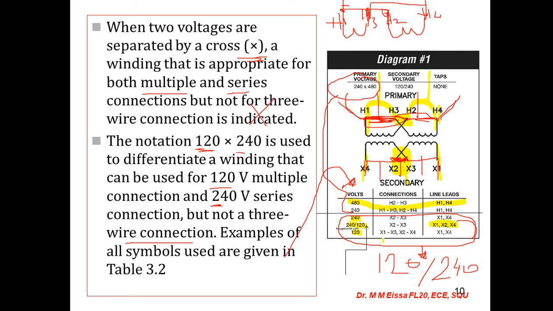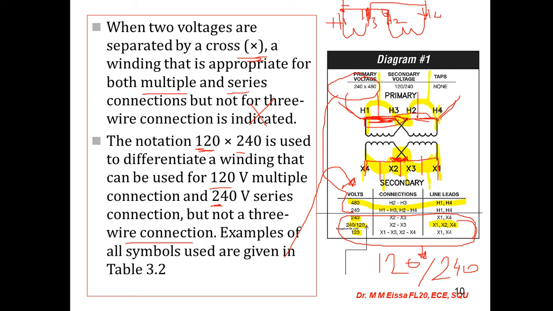So we have the final one, 120. For 120, X1 will be connected with X3, and X2 with X4, and we can take from X1 and X2. This is like a parallel connection.